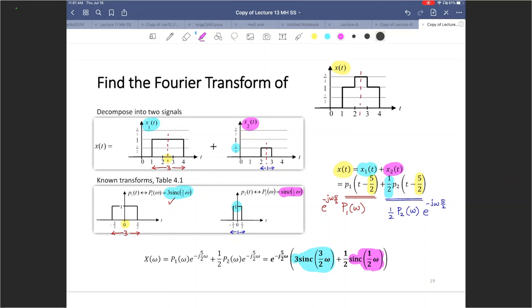Question: e to the jωt is only for the time shift. Is that for all cases? When you say all cases, what do you mean? If you have a time shift, you will have a phase term. It could be negative, meaning it could be a delay or an advance, but you will have it for time shifting.